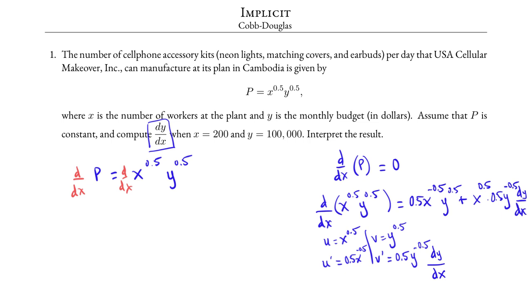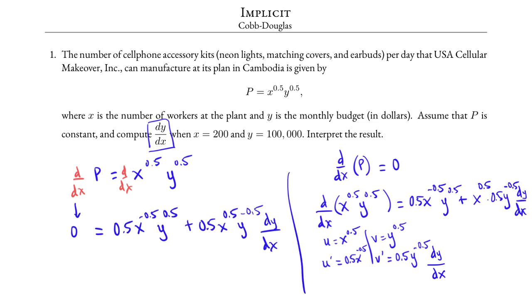Putting these together, on the left-hand side, the derivative is 0. On the right-hand side, we have 0.5 x to the negative 0.5 times y to the 0.5 plus 0.5 x to the positive 0.5 y to the negative 0.5 times dy/dx.